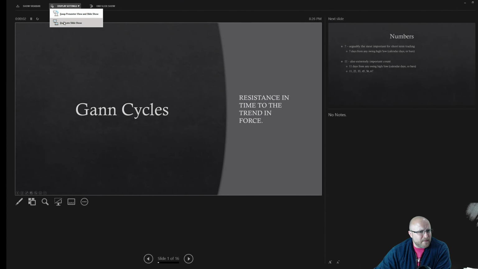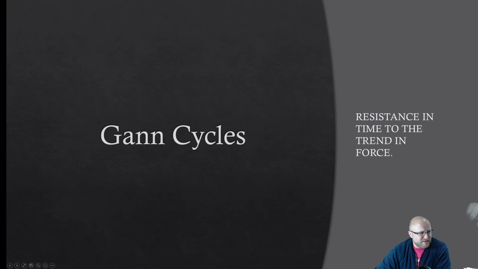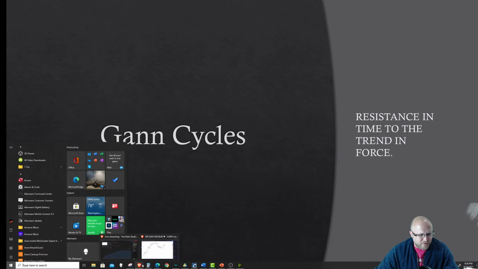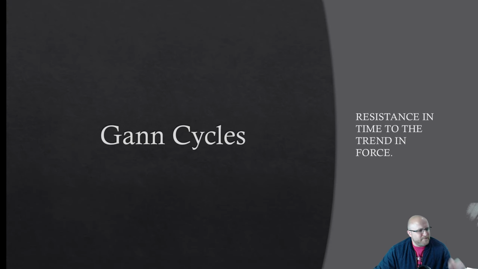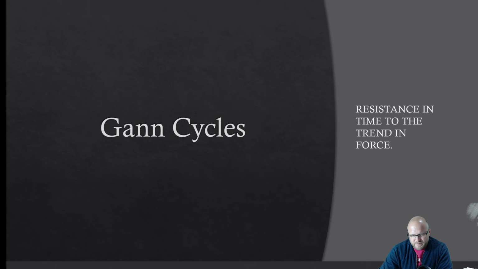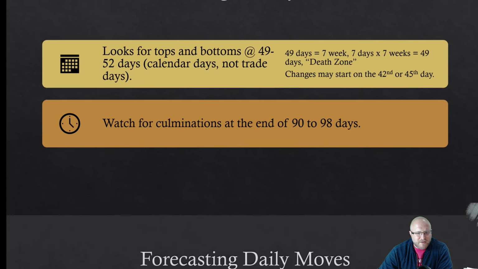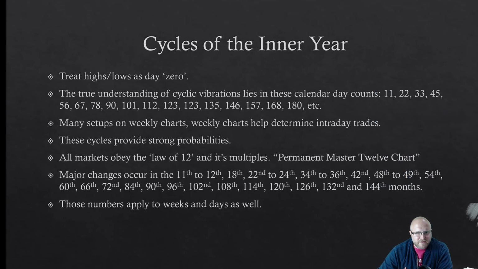Gann has a lot of cycles, and time cycles are a resistance in time to the trend in force. Let's talk about some of these cycles. We don't need the numbers for forecasting weekly tops and bottoms, so ignore that. Cycles of the inner year are what I've been talking about in my cryptocurrency videos quite a bit.